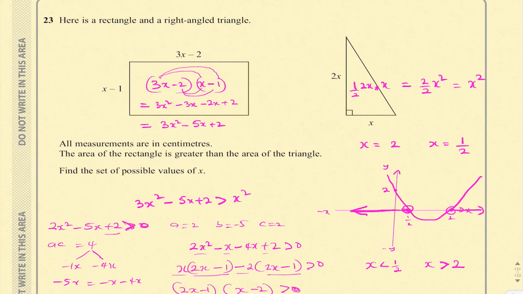But for an area, I couldn't have less than a half, because there's no area of a negative value. So therefore, the answer will be x greater than 2.